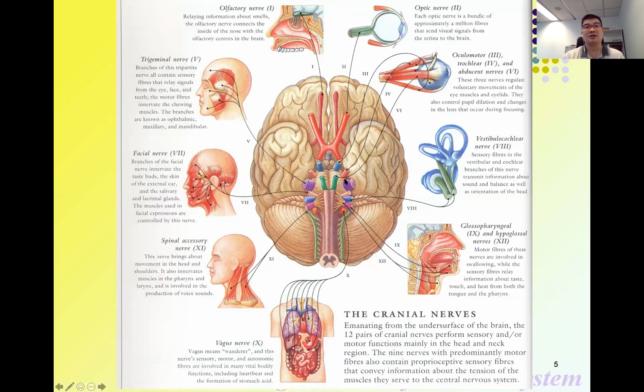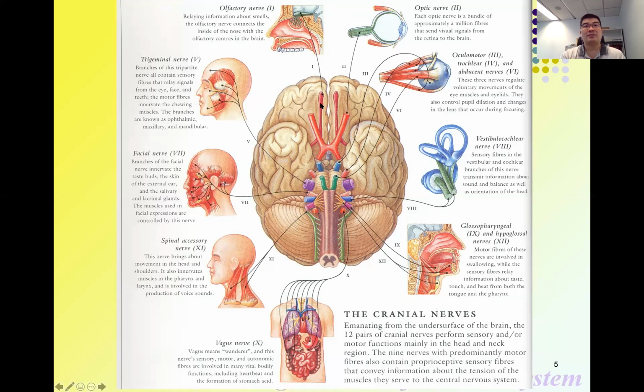Those are the somatic nerves coming out, and those here are the cranial nerves. You can see that they mostly control structures in the head, except some that go down, the vagus nerve in particular, going down to control different organs.